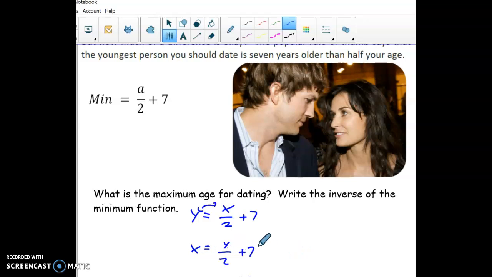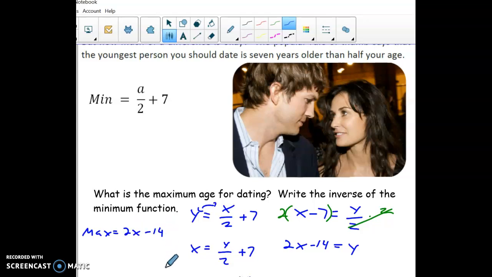So I would start by minusing 7, and then multiply by 2 to cancel out that divide by 2. So we get y equals, if I distribute on this side, 2x minus 14. Written the other way, we'd say the max age you can date is double your age minus 14.